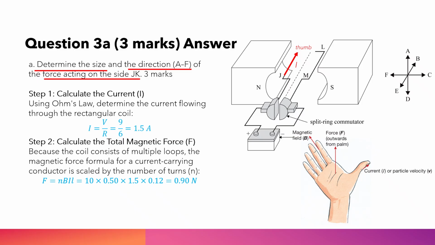Following the commutator connection, current travels from J to K, into the page, away from the viewer along axis B. Magnetic field, B points from the north pole to the south pole, which is from left to right, towards direction C. Force, F: pointing your right-hand fingers to the right, C, and your thumb into the page, B, positions your palm facing straight down. The vector pointing straight down corresponds to label D. Direction, D, down.